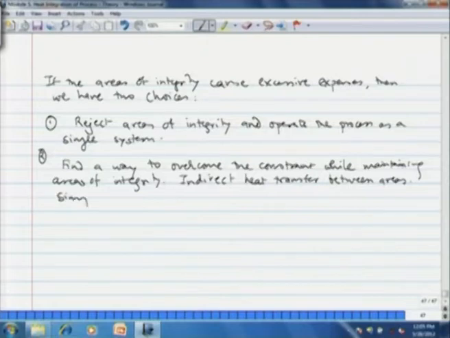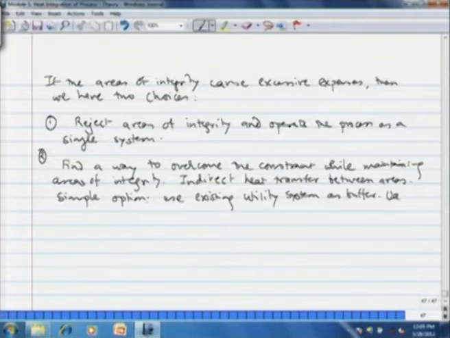The simple option in this case is to use an existing utility system as buffer: use one stream to generate steam, which is fed into steam mains, a central source of steam.